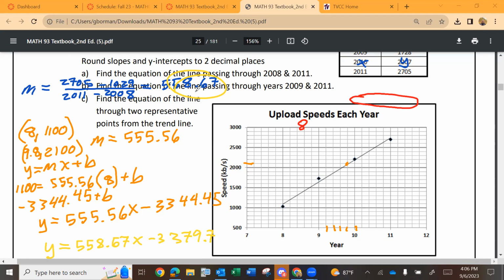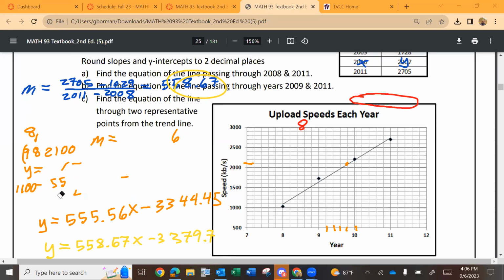Okay. So let's have a follow-up question, because I know it pops up on a lot of these. Let's get rid of some of this. A follow-up question is, what would we expect the kilobits per second to be in, say, 2012?